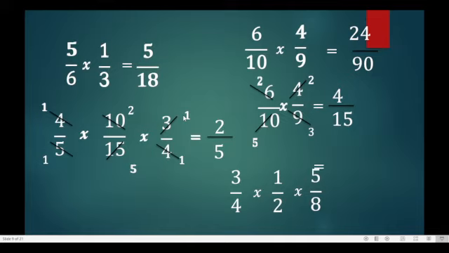So that is equal to 3 times 1 is 3 times 5 is 15. And then 4 times 2 is 8 times 8 is 64. So 15 over 64 is the answer.